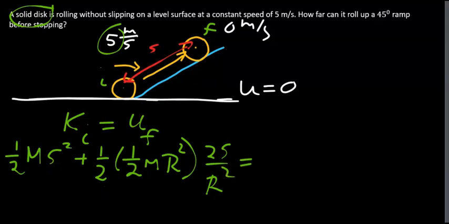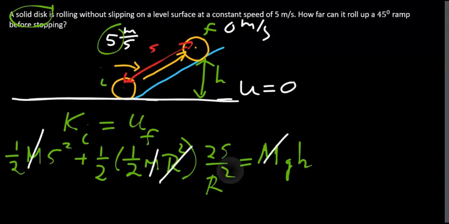That equals U_F. U_F is the final gravitational potential energy. So if we assume the height is h, then we know the final gravitational potential energy is mass times gravitational acceleration times h. Now you see that mass goes away like that. This r squared will cancel the r squared from there, and you can determine the vertical height h.